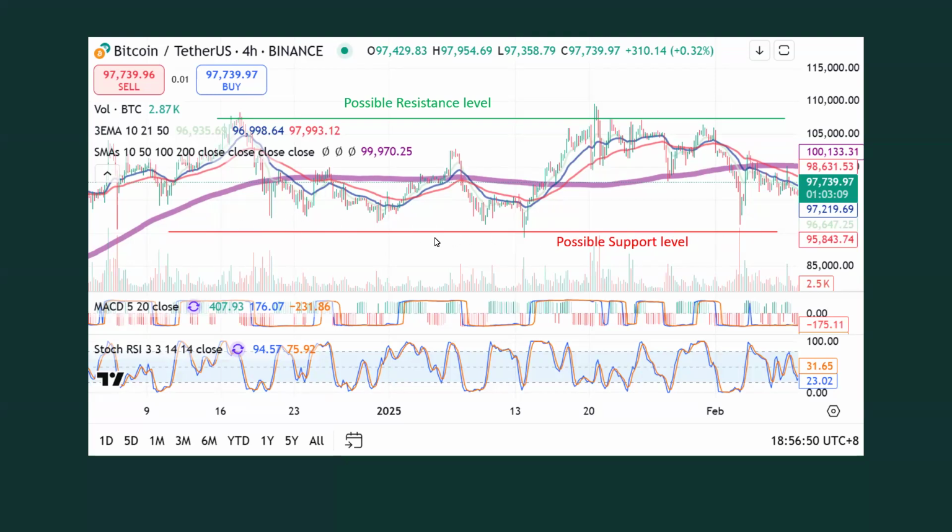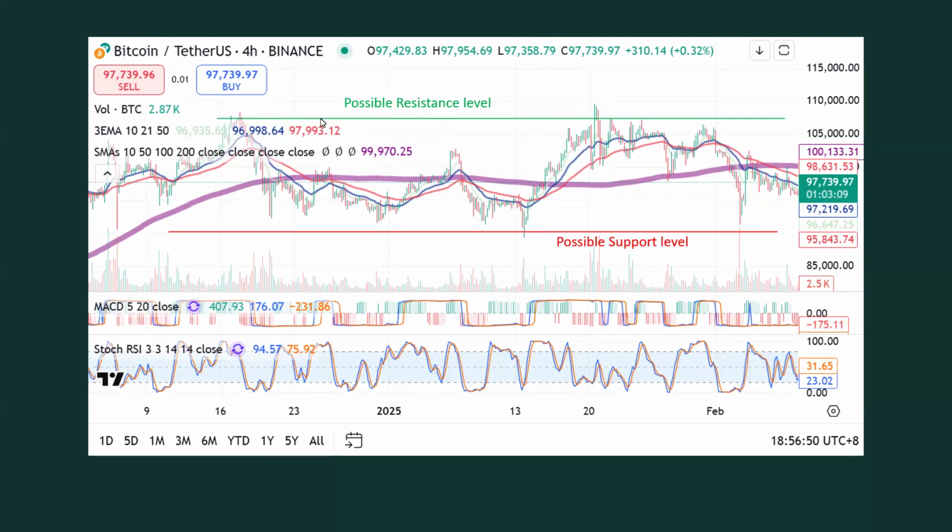But if we go in further, there might be a support level over here as well, or even over here. So these are support levels that can be broken down into different timelines.